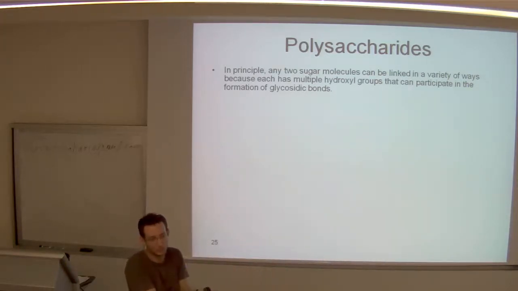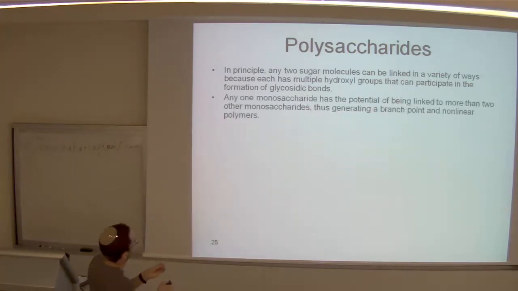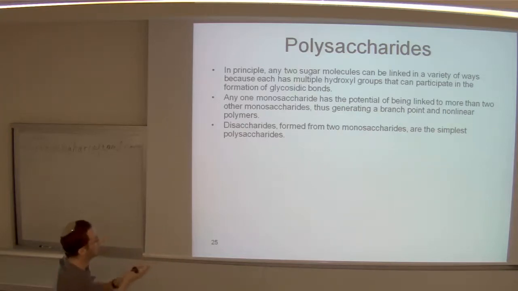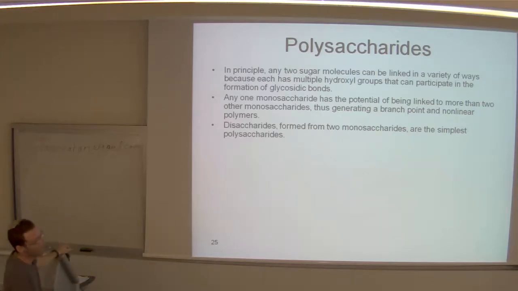You can have two linked to a single monosaccharide, or even three, giving rise sometimes to branched structures of polymers, and not only linear structures. They sometimes look like gigantic trees, where one branch is branching from the other, and so on, because of the multiple hydroxyl groups across each monosaccharide.